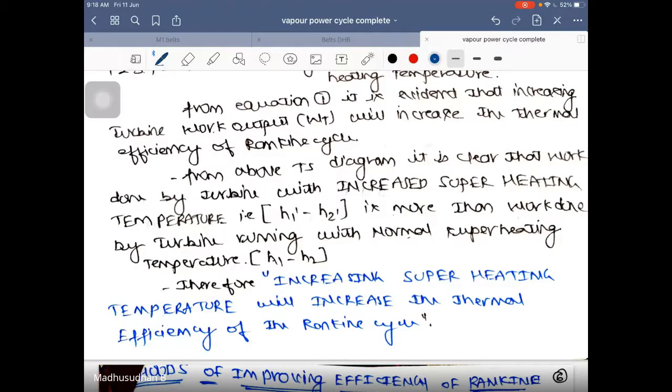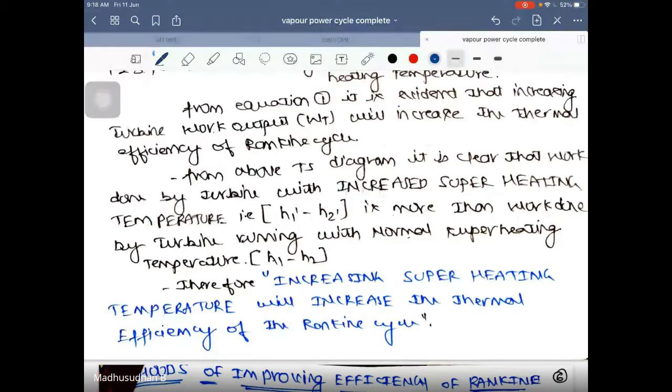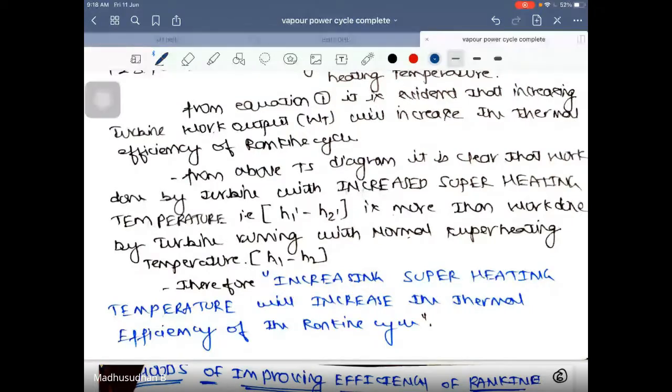What happens when I increase the condenser pressure? Thermal efficiency decreases. Only two are replying. What about the remaining? What happens when I increase the superheating temperature? Thermal efficiency increases. I guess it is clear now.